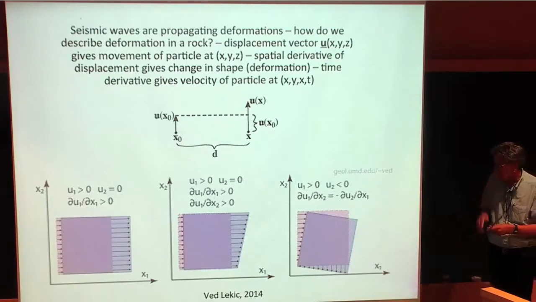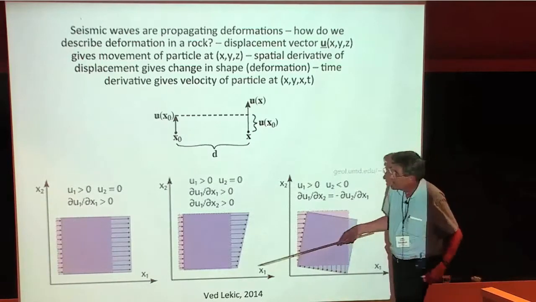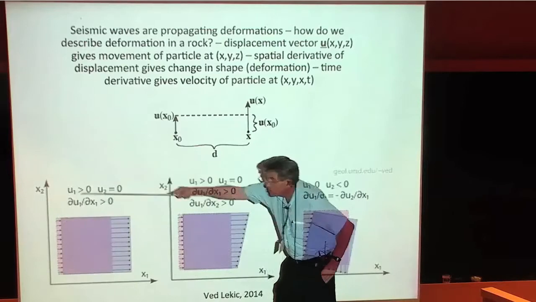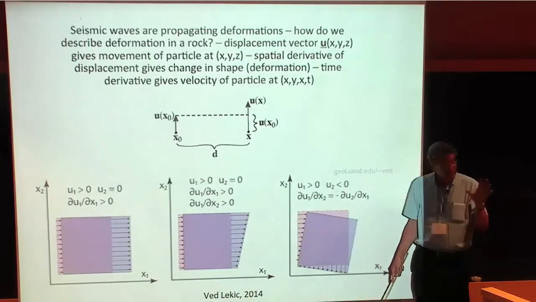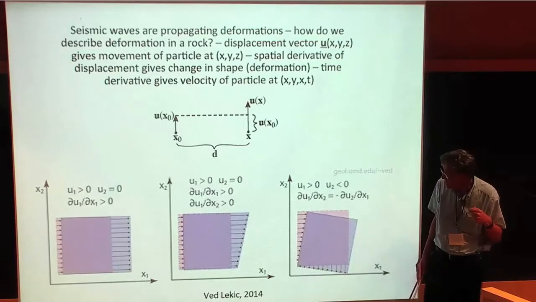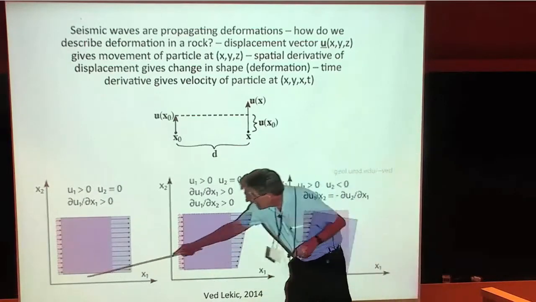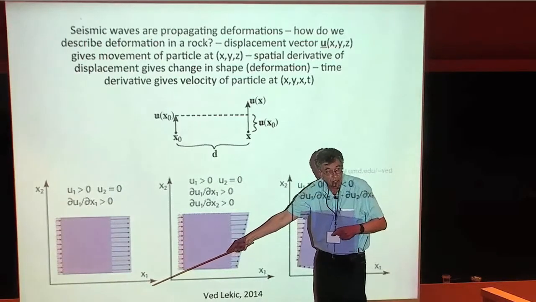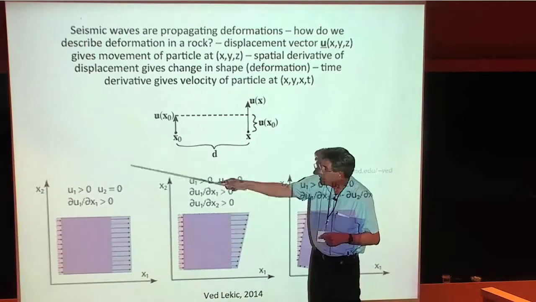He shows different situations. So imagine we have the x1 coordinate going to the right, x2 going up and down. Let's say the displacement vector only has a component in the one direction, but that the displacement vector is increasing as you go in the x1 direction. And it is constant as you go in the x2 direction.